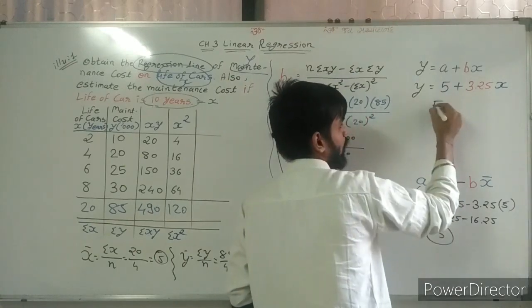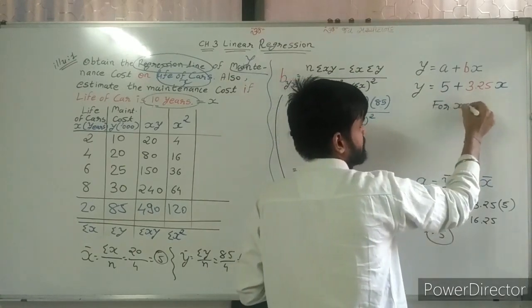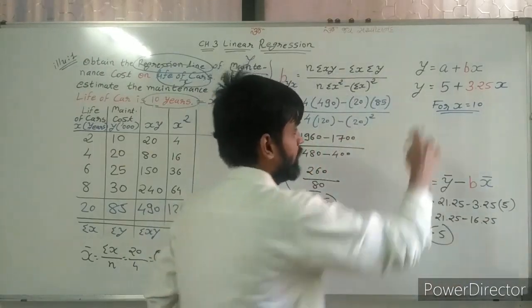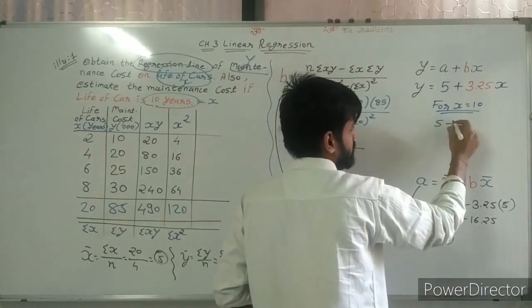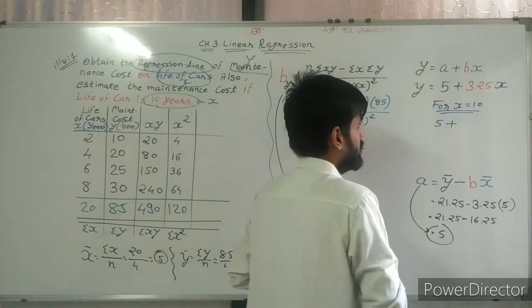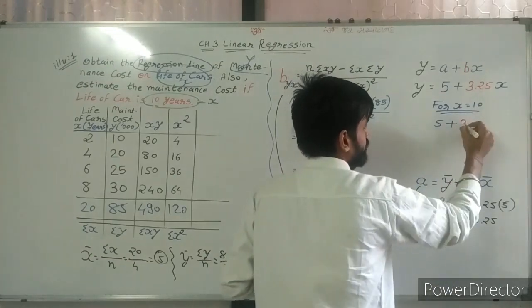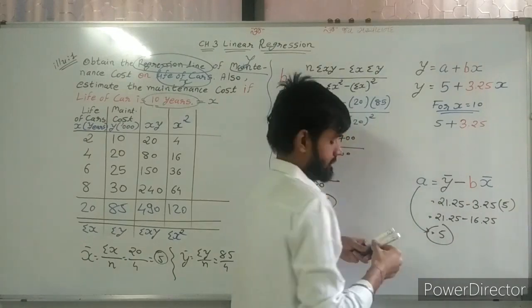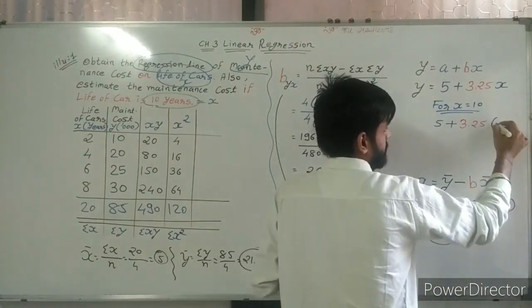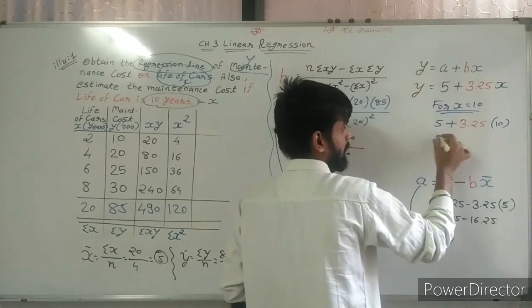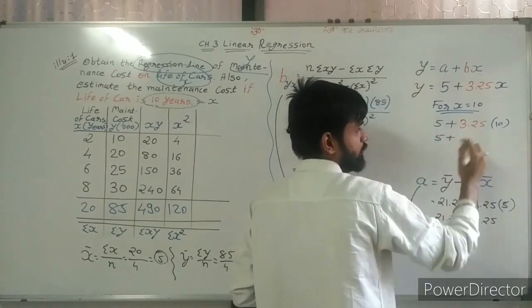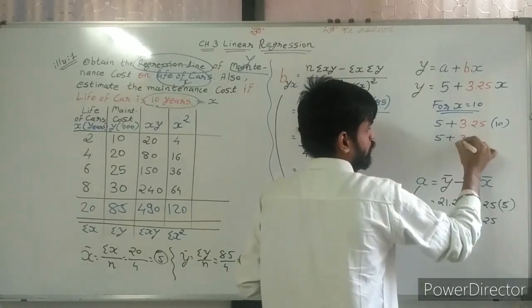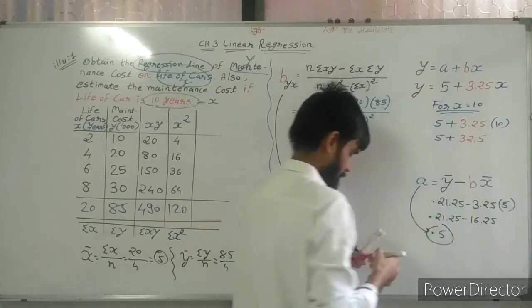So now write for X is equal to 10. 5 as it is plus 3.25, then X 10. Now 5 as it is, 3.25 into 10. So the answer is 32.5.